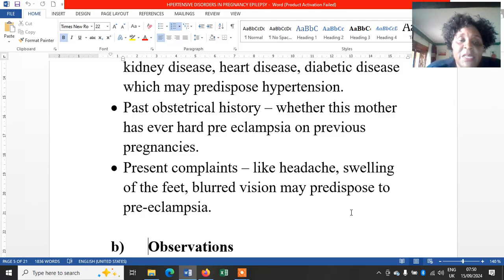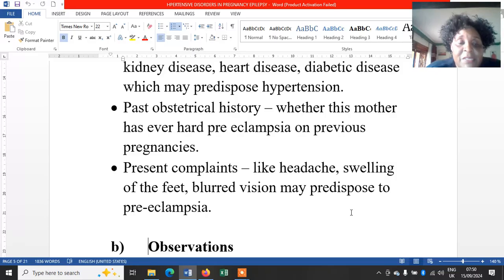So as we are taking the past obstetrical history, this mother can give us that history that on the previous pregnancy, I developed hypertension and I was put on drugs, but after I delivered, everything went back to normal. So we do not take it for granted. We can start thinking about a second predisposition of hypertensive disorders on this present pregnancy.